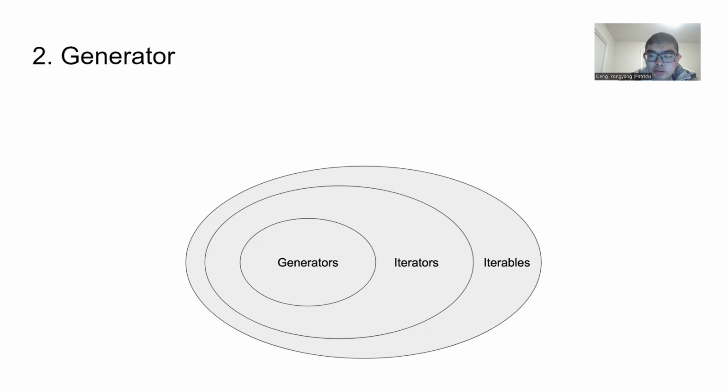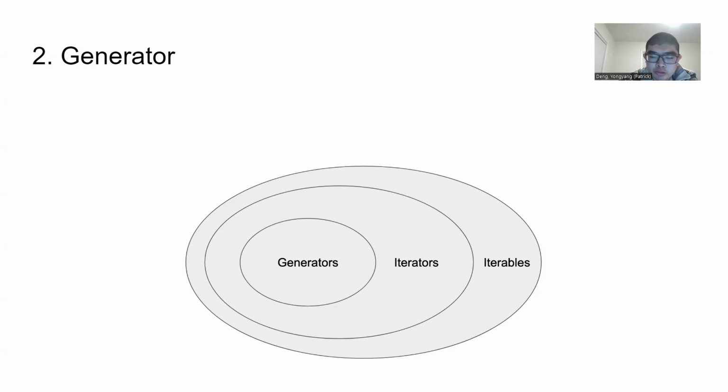So a generator is actually a kind of iterator. We already know a method to create iterators, which is iter: we include an iterable object in iter, and it converts it into a bookmark of the iterable object.